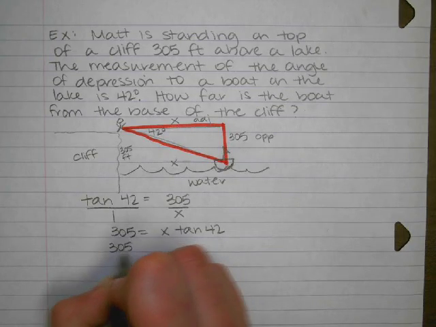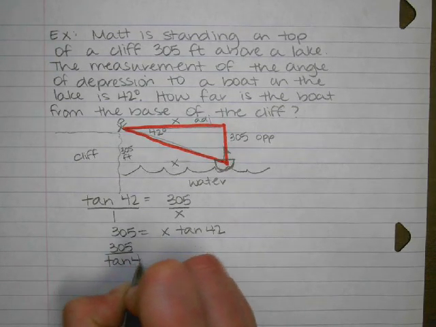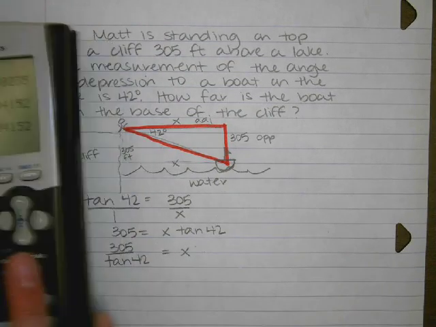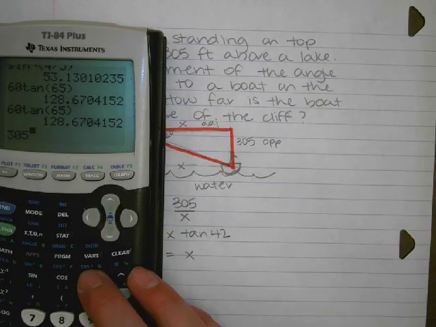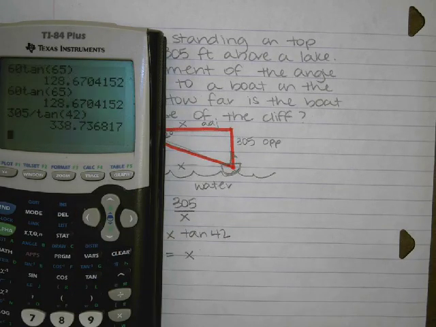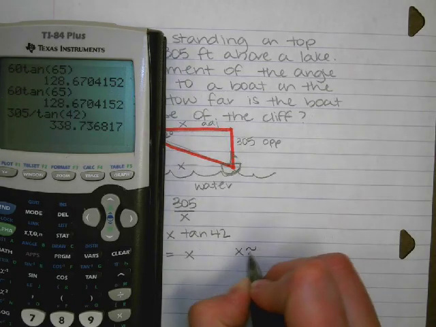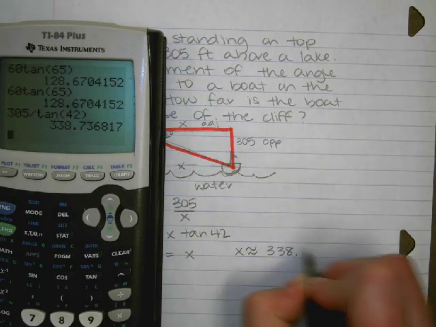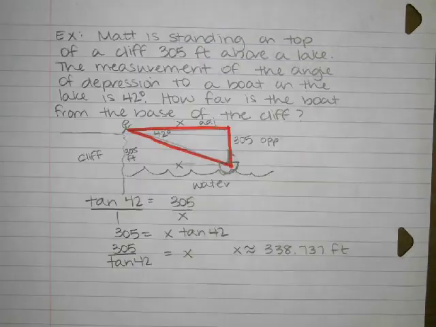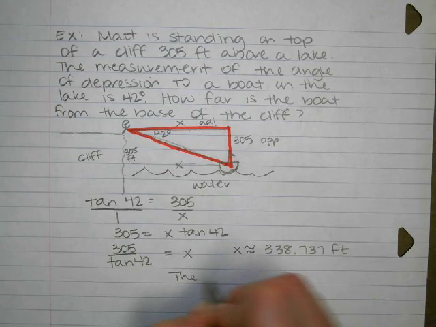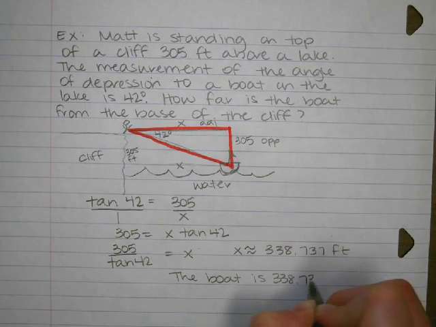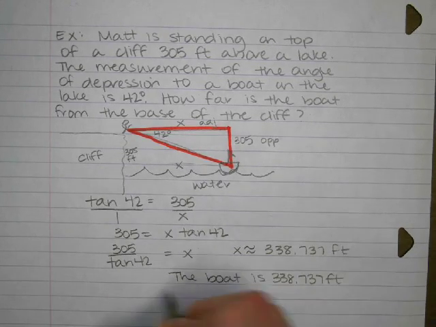So 305 divided by tan of 42 equals X. And so X is 338.737 feet. So the boat is 338.737 feet from the base of the cliff.